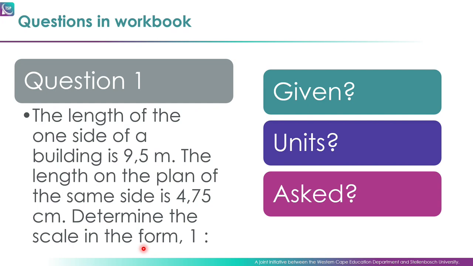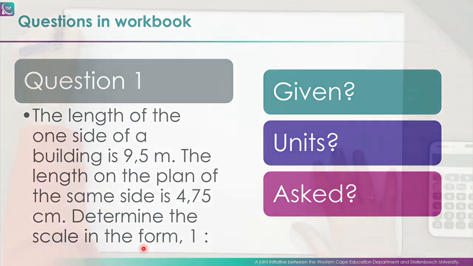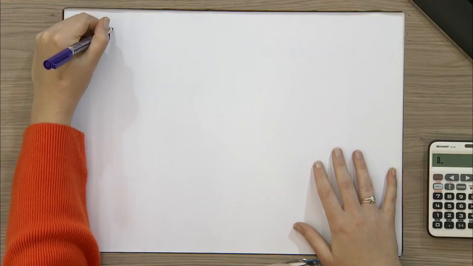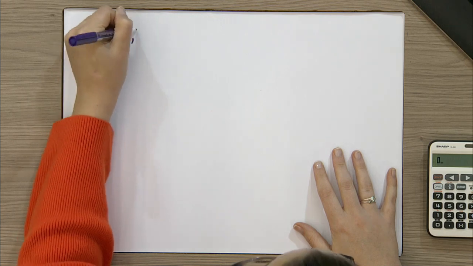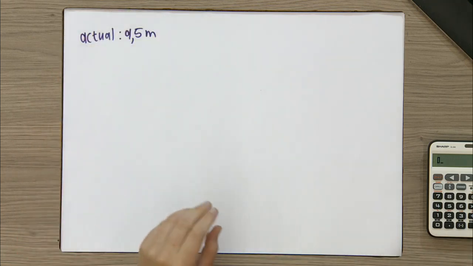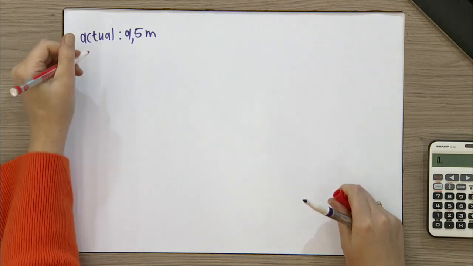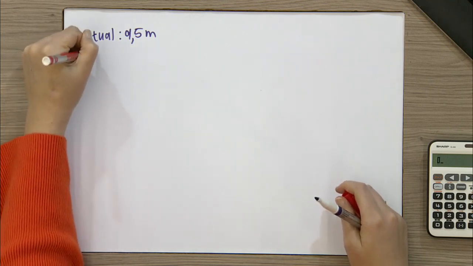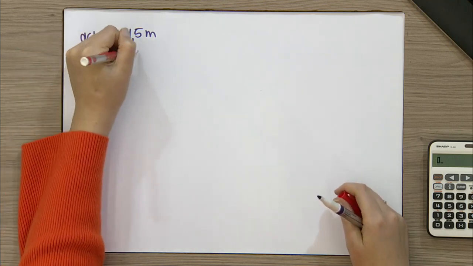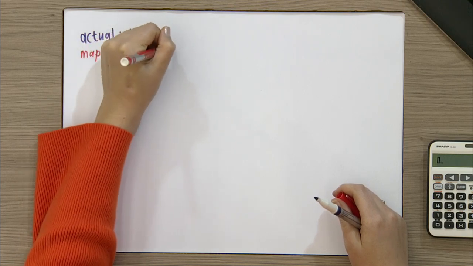So, they want us to write the scale. What was given is the actual, and the actual was 9.5 meters. And what was also given is the distance on the map, and that was 4.75 centimeters.